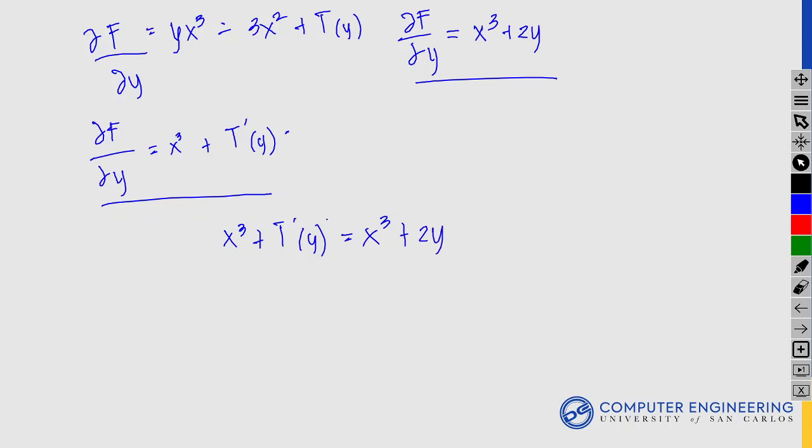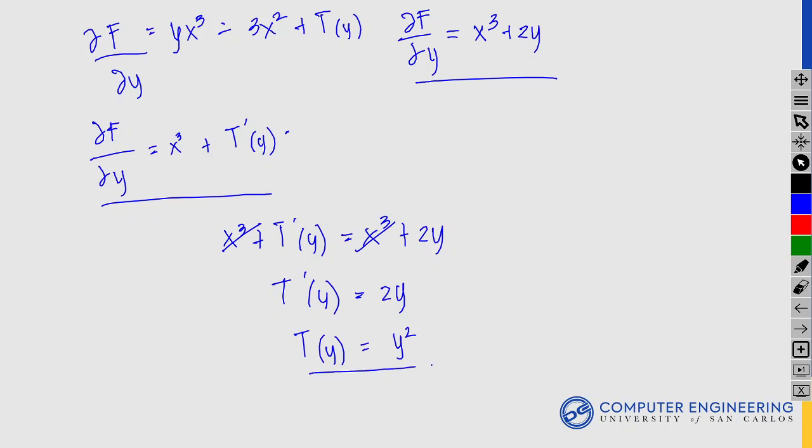We can simplify this by canceling out. So t prime of y is equal to 2y. To cancel out the derivative, we have to integrate this again with respect to y. So t of y is equal to y squared.